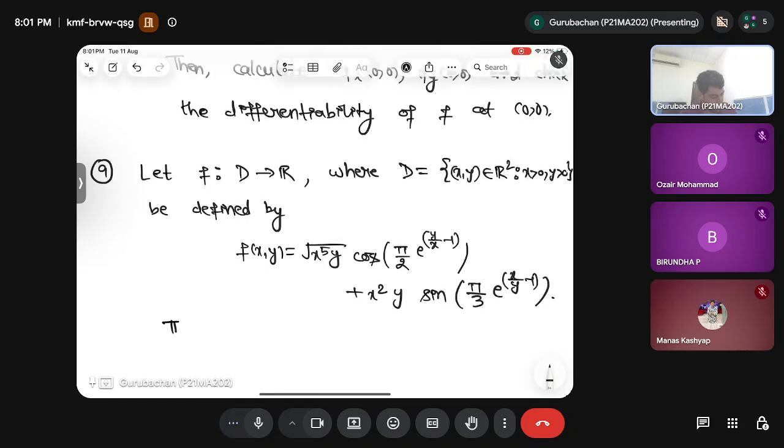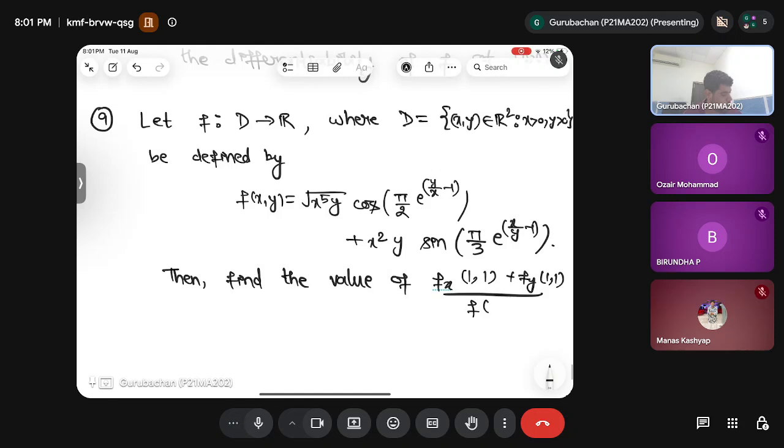Then find the value of fx at (1, 1) minus fy at (1, 1) divided by f at (1, 1), right?